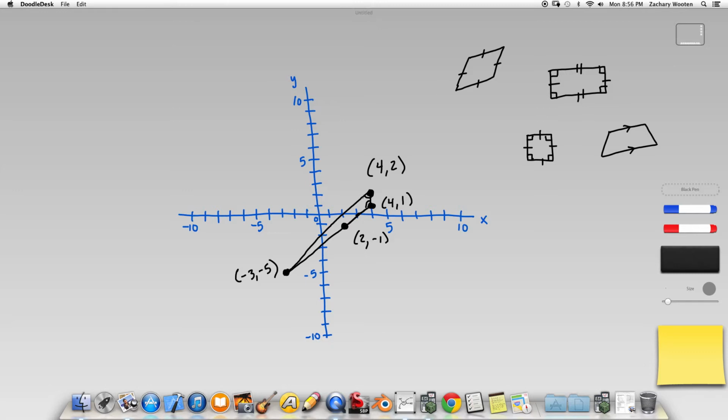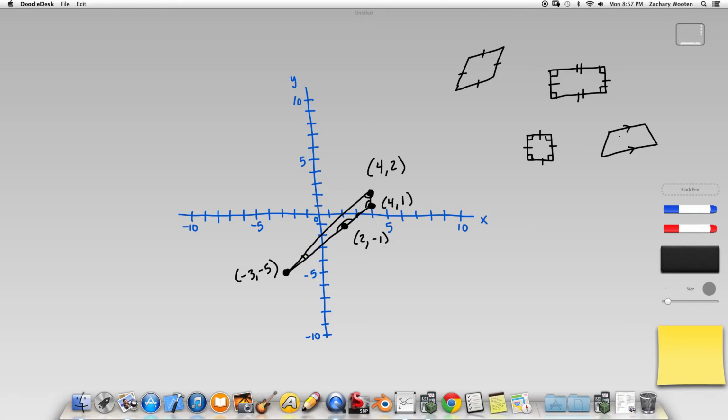This is an acute angle, it's less than 90 degrees. This is an obtuse angle, bigger than 90 degrees. And this one is even a lot bigger, and this one's a lot smaller. So we've got all different angle measures. These are not right angles, the sides are not the same. That means I can rule out a rhombus, a rectangle, and a square. So it's got to be a trapezoid, otherwise this problem is wrong.